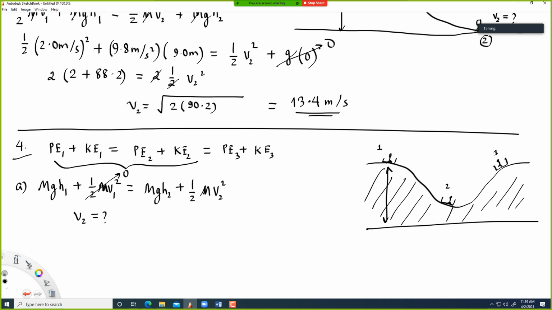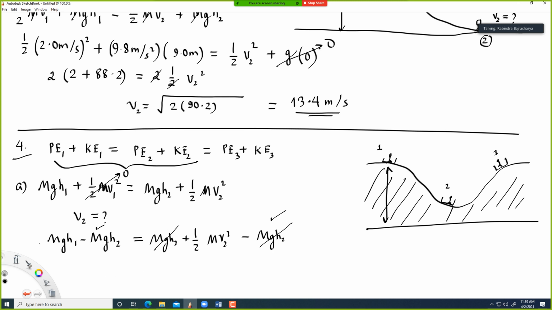So to find V2, you can subtract m g h2 on both sides. So m g h1 minus m g h2 equals 1/2 m v2 squared.